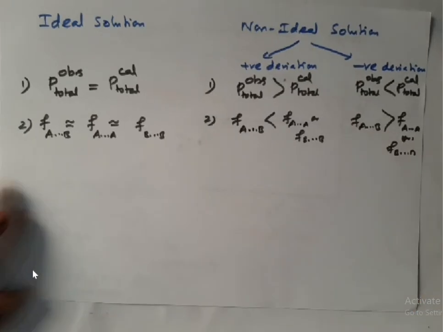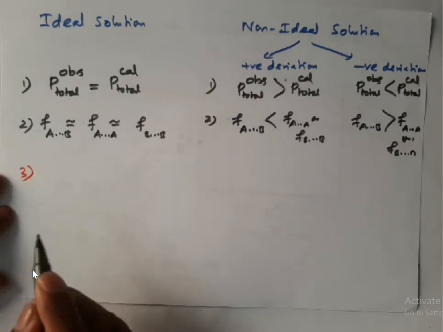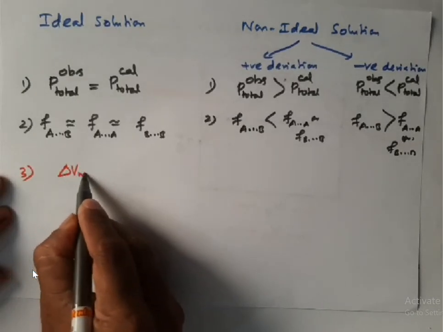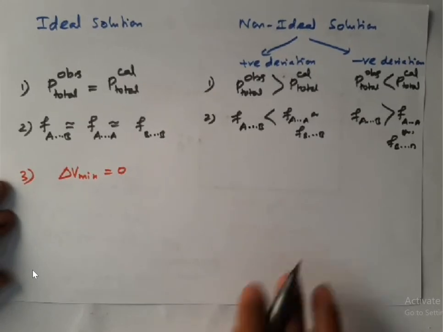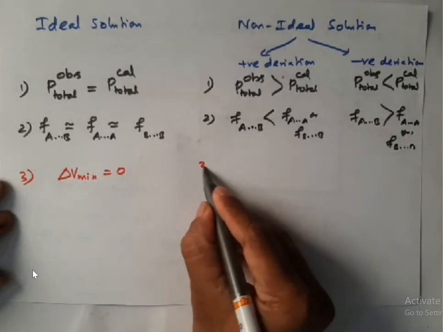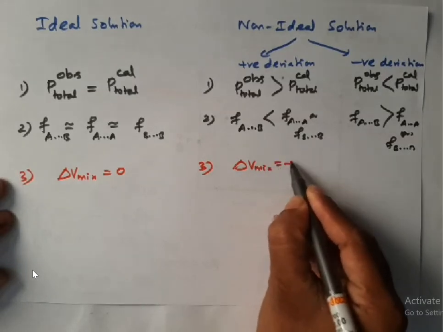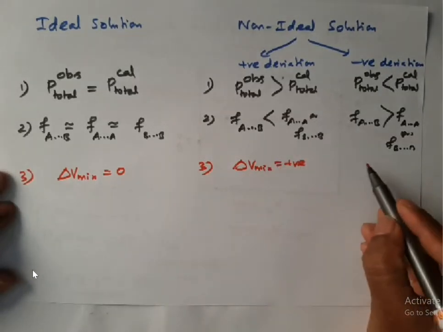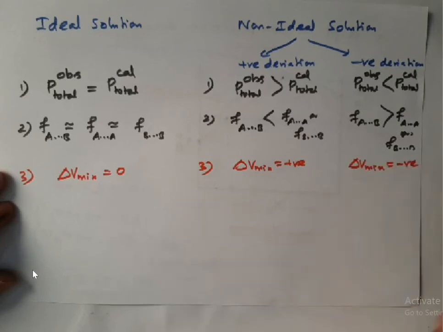Very important. Okay, then point number 3, delta V mixing is 0 for ideal solution. For solution showing positive deviation, delta V mixing is positive. For solution showing negative deviation, delta V mixing is negative.